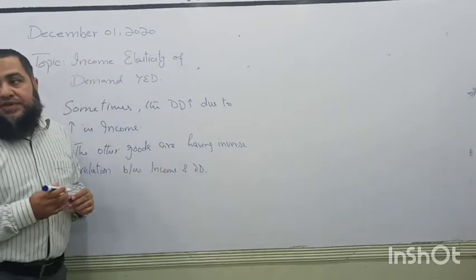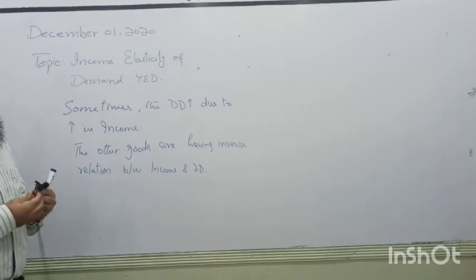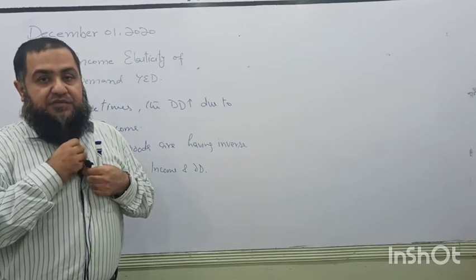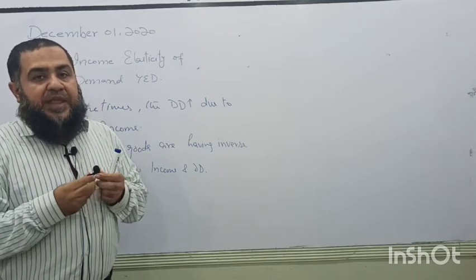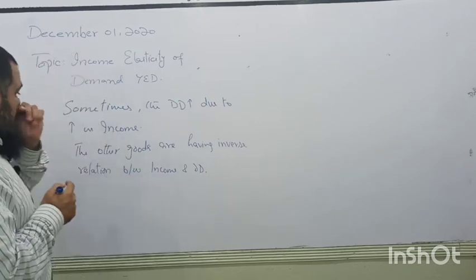These are called inferior goods. They are called inferior goods because they have a negative relation with income. As income increases, we can have a fall in their demand.